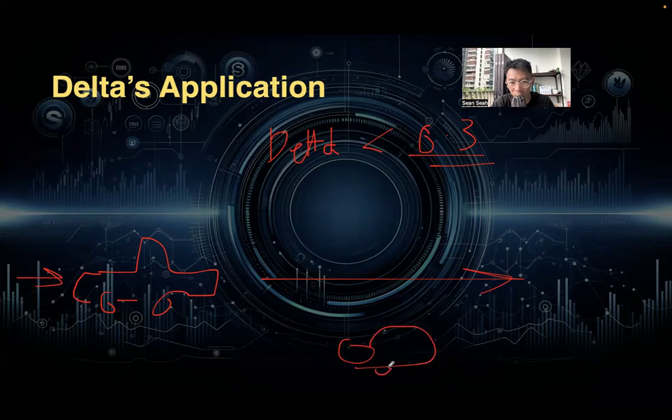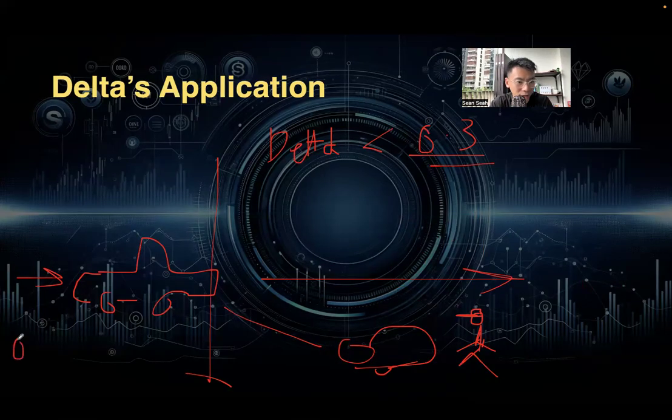The car is just starting out, and for the first 5 seconds it goes from 0 kilometers per hour to 30 kilometers per hour.